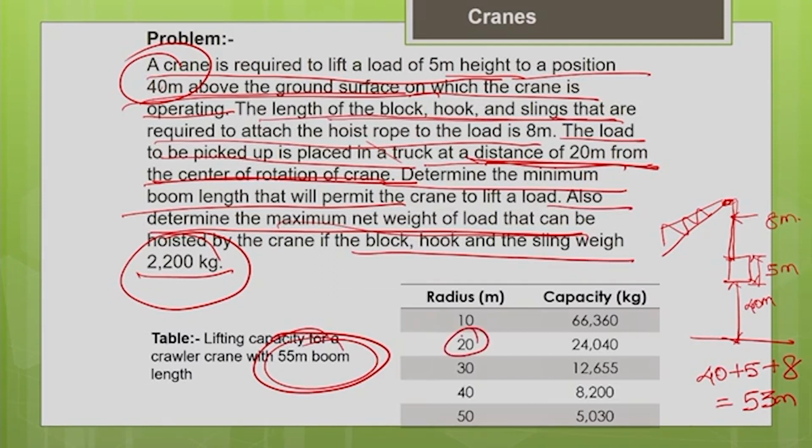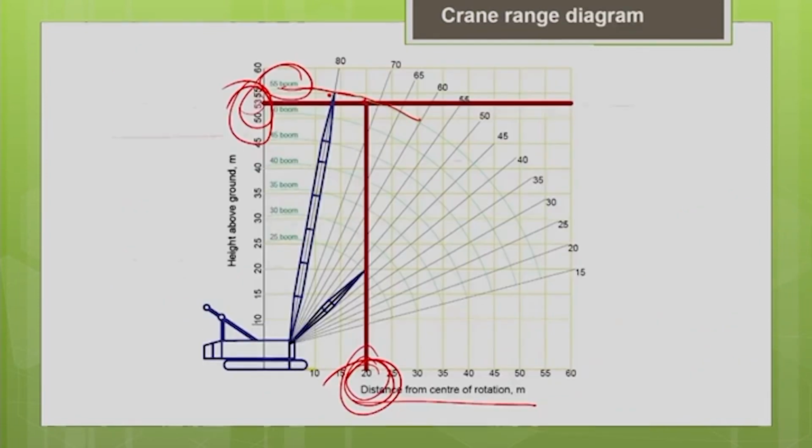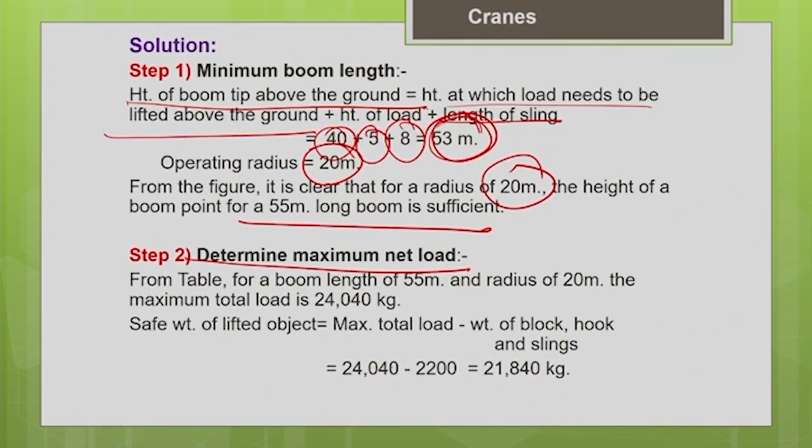For the operating radius of 20 meters, the maximum lifting capacity possible is 24,040 kg. You can take that from the load chart given by the manufacturer. So, the maximum total load permissible is 24,040 kg.